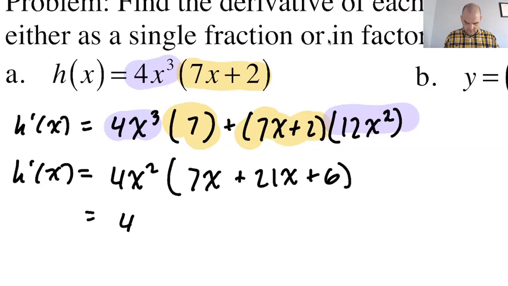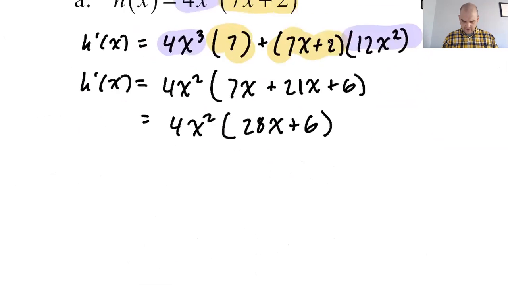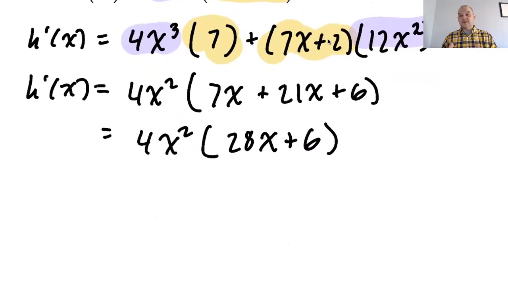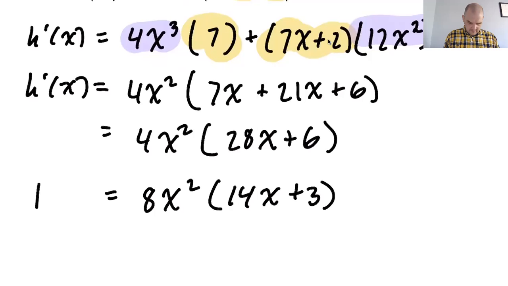Okay, so I get 4x squared, and then 28x plus 6. If you really want to, you can keep going and take a 2 out. So I'm going to get 8x squared and 14x plus 3. Okay, so that's h prime of x, I think.